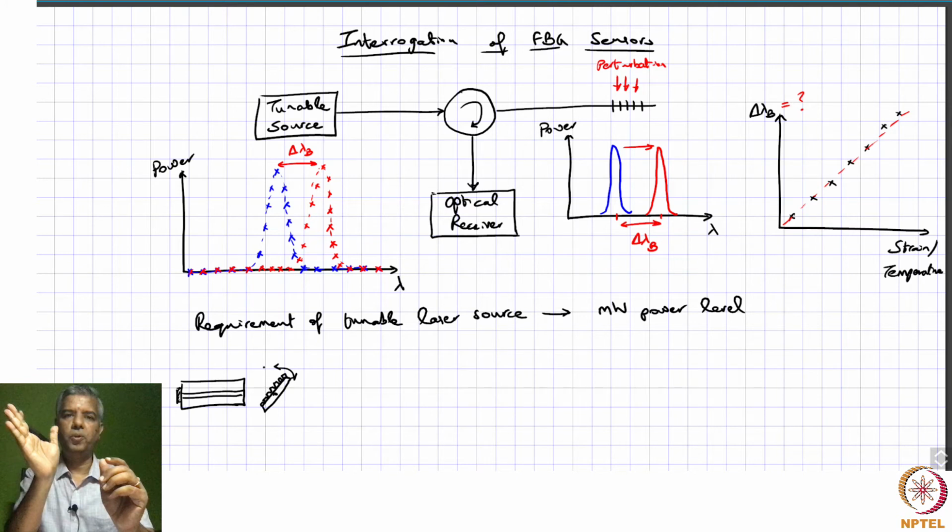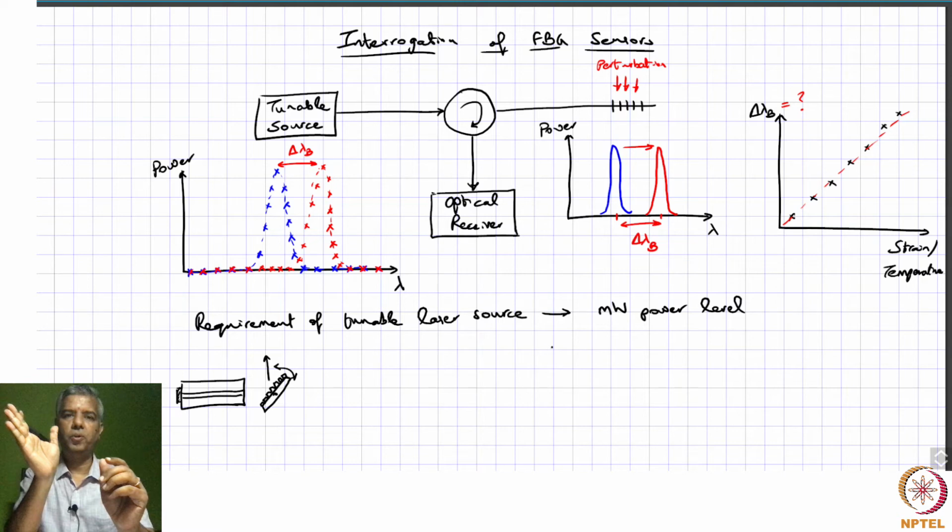So the light that's coming out will be of different wavelength according to this grating angle. So that's what a tunable laser source is. You can get milliwatts of power level, there is no problem with that, but the real problem becomes the finer details.